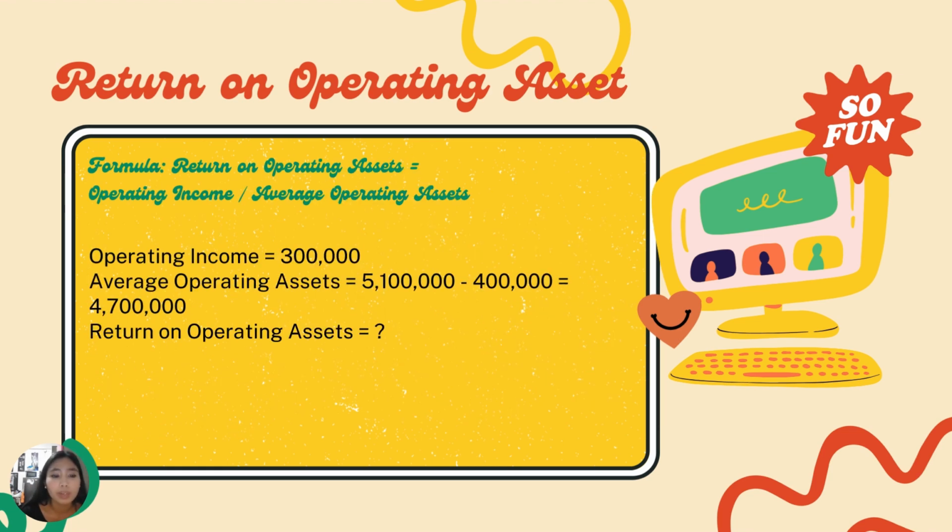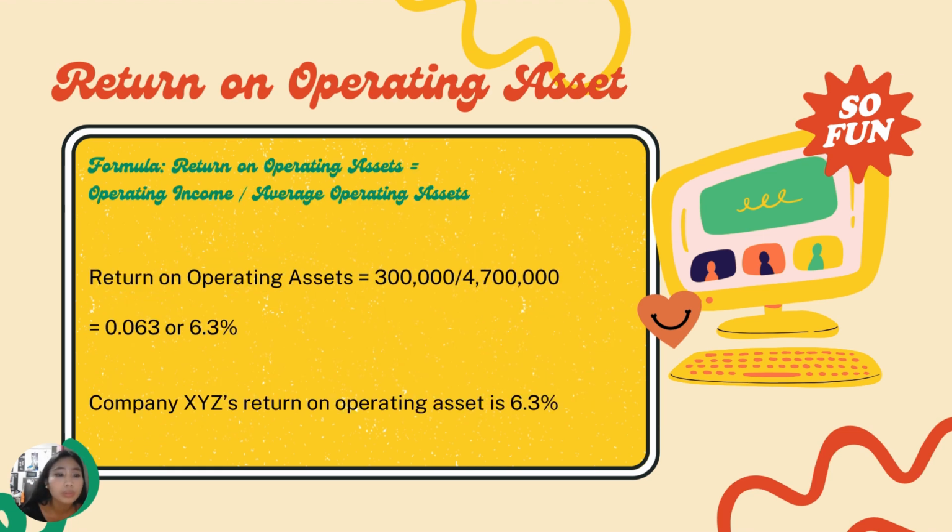So return on operating asset natin is still unknown. So i-divide lang natin sila. So ang return on operating asset is equal to 300,000 divided by 4.7 million is equal to 0.063 or 6.3%. Company XYZ's return on operating asset is 6.3%.